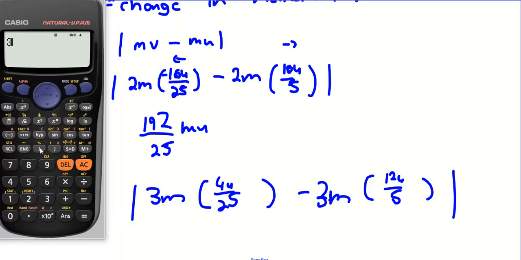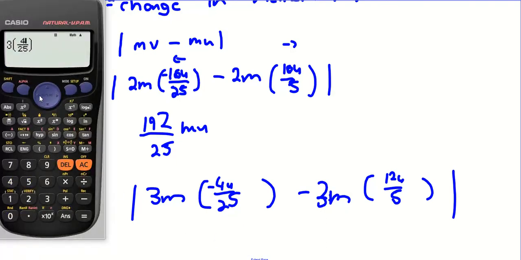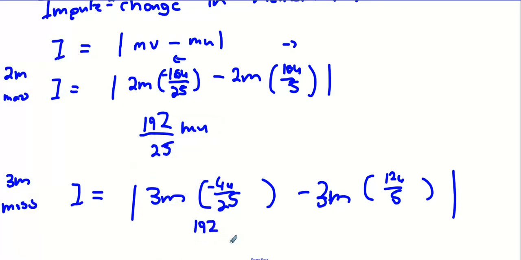So 3 times 4 over 25. It's going to the left, so that's negative 4. It's hard to keep track of these. And then minus 3 times 12u over 5. Hope this has to be 192 over 25 as well. Yes, it is. There we go, 192 over 25. And there's your two impulses, okay? Happy out. Long question.